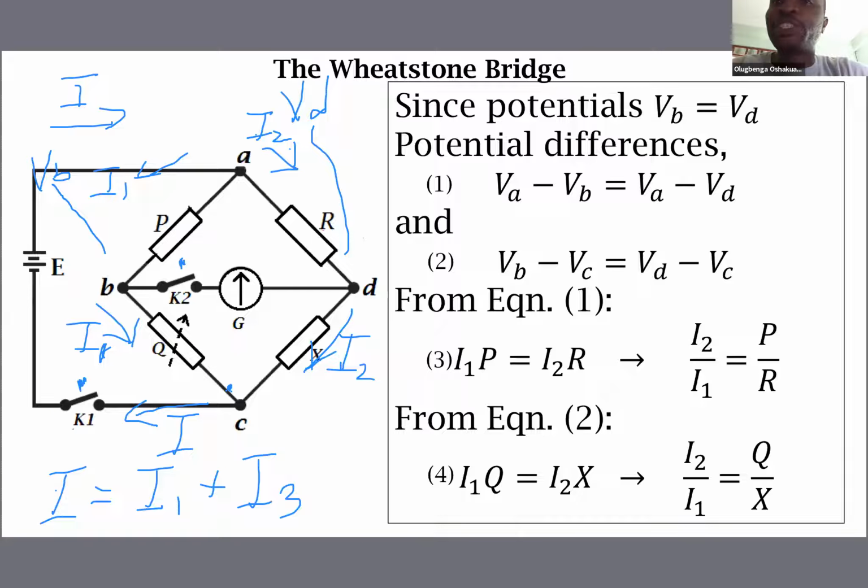Recall that we call VB the potential at B and VD the potential at D. We can also call the potential at A, VA, and the potential at C, VC.